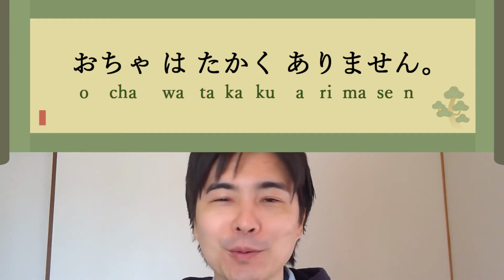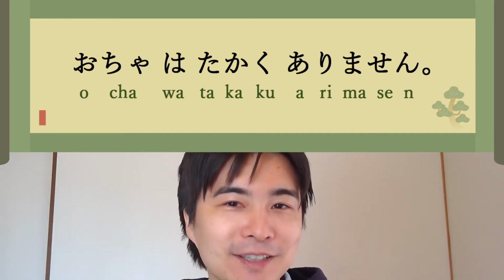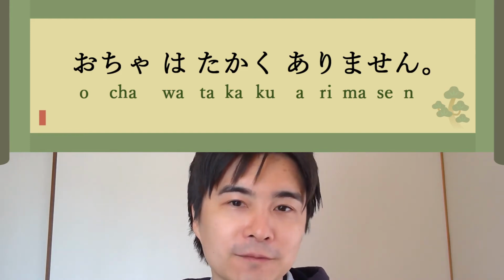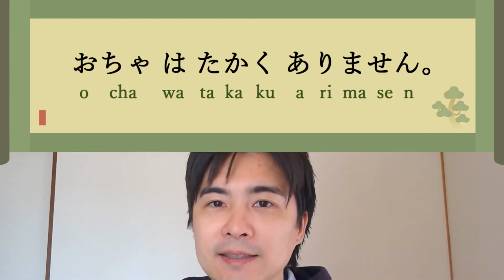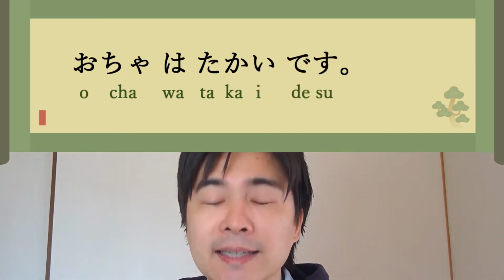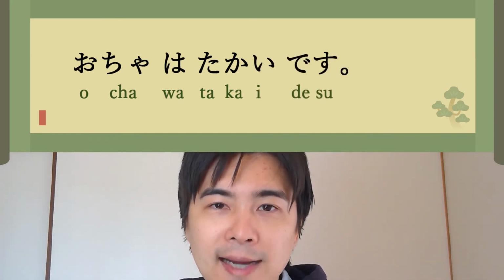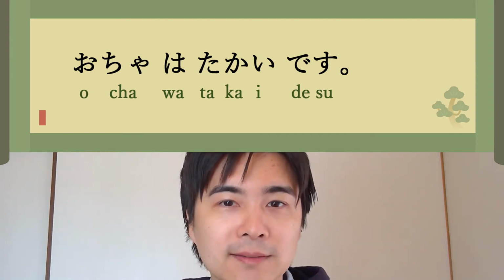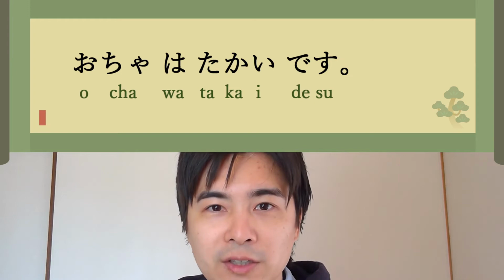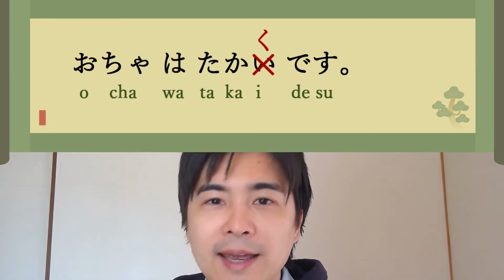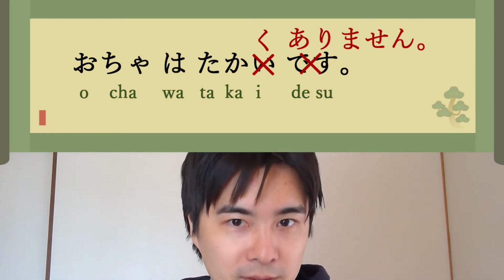How was it? You didn't say お茶は高いではありません, did you? Maybe it's easier to think about the affirmative sentence at first. Tea is expensive is お茶は高いです。高い is an I-adjective. So when we make this sentence negative, we conjugate 高い into 高く and ありません follows it.